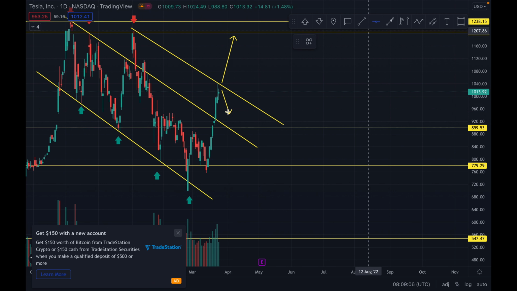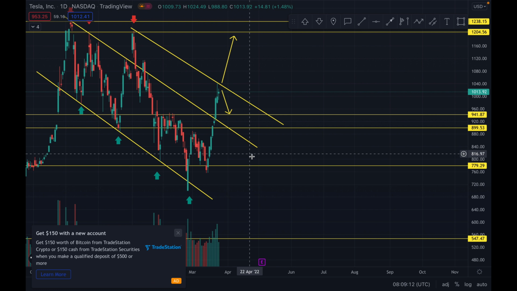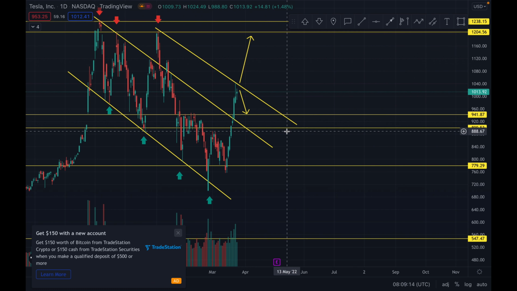There are actually a lot of lines if you want to draw, but usually we'll just draw the main lines. If you want to be more thorough, you can draw more support and resistance lines as you see common areas that price seems to bounce away from.